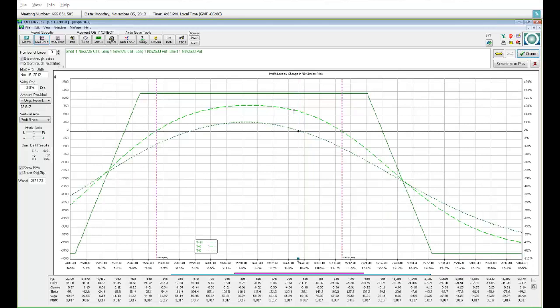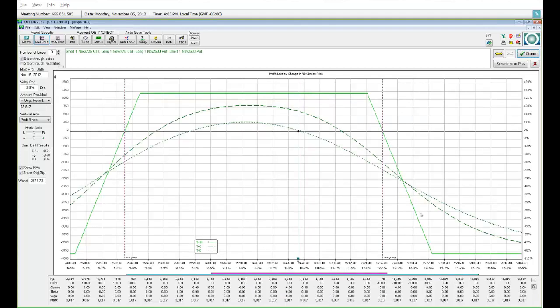These lines represent time in the future. This line is 6 days from now. That dot is today's price action. So 6 days from now, if the market goes up to here or down to here, you're going to make money based on this theoretical representation of what the options are going to do.